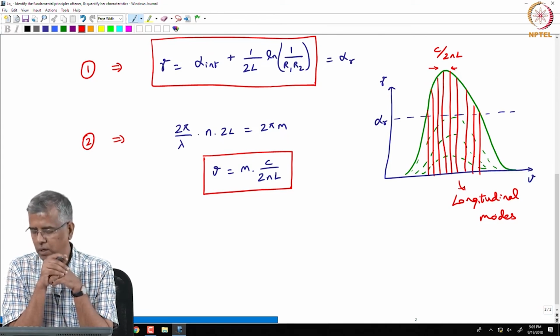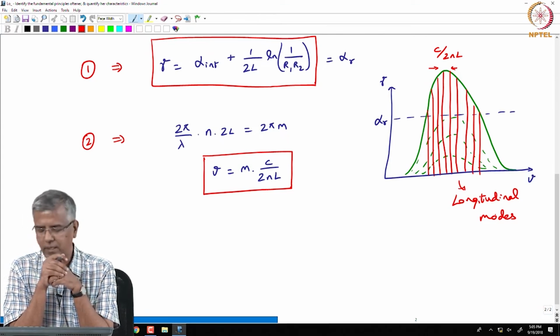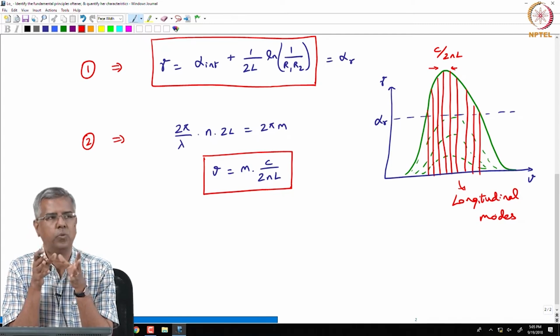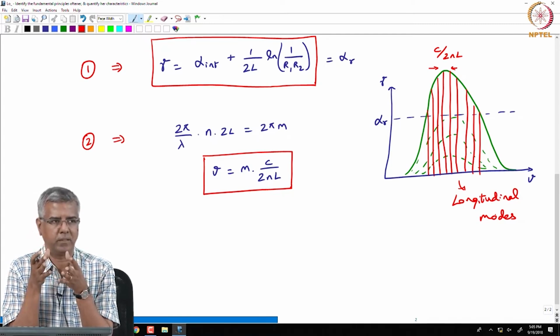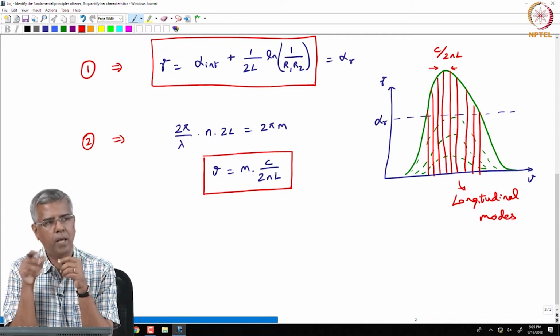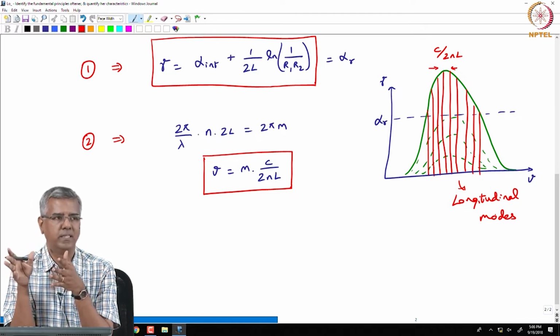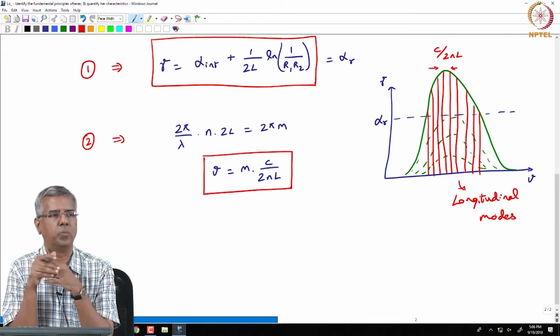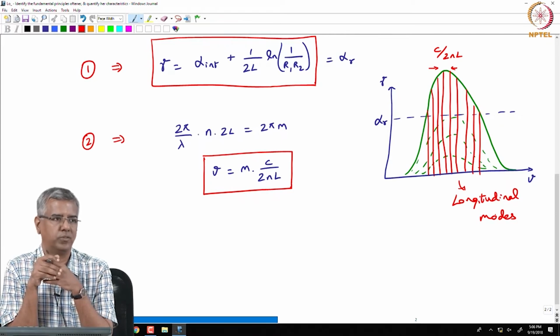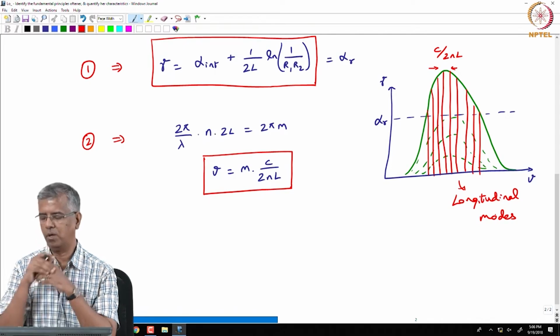So, the overall spectrum will be determined by those modes that are meeting the threshold condition. You look at the envelope of that, and you look at the full width half maximum of that. That is what people look at as the spectral width. That is the total width that is occupied by all the longitudinal modes, right.